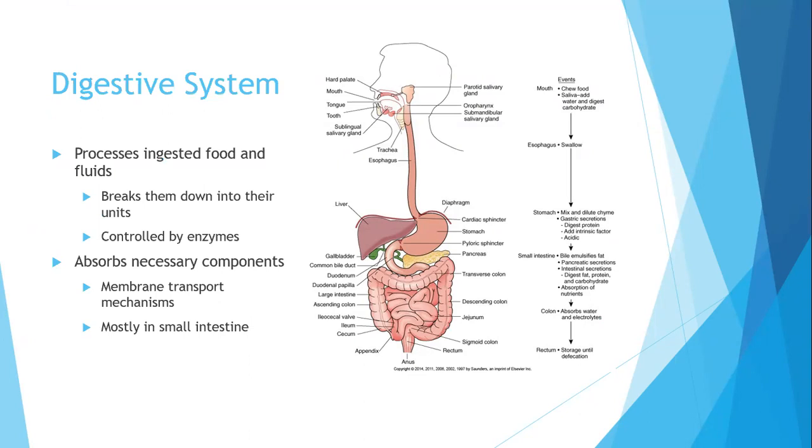I don't expect you to know every super detailed thing, but I like the way this chart is organized. It has the areas in the digestive system and then the events that happen in the digestive system. So if you look down the event side of the chart, the colon absorbs water and electrolytes, and that was our learning objective. So there you go. You know that.